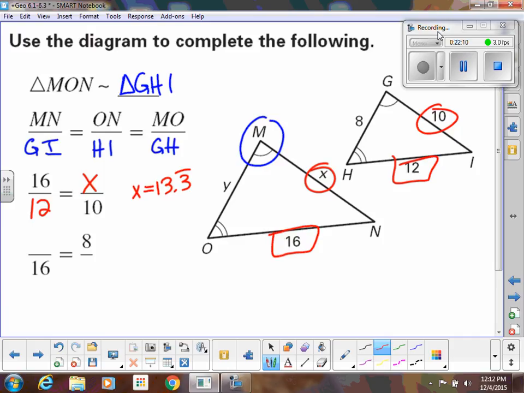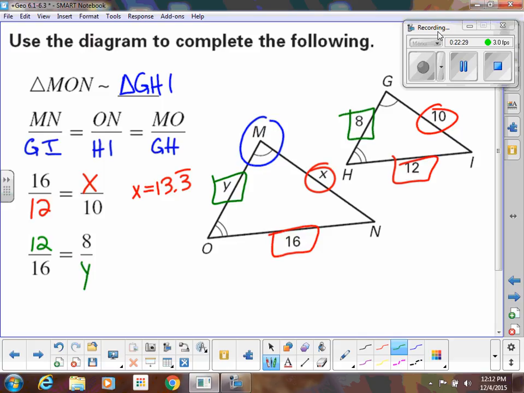All right, and if I do the same thing for this other proportion, 12, remember, goes with 16. And then now we're going to do 8. So 8 goes with Y. So that's how we fill in that proportion.